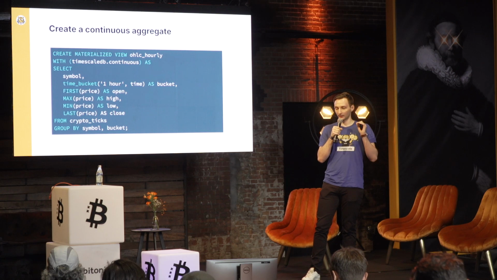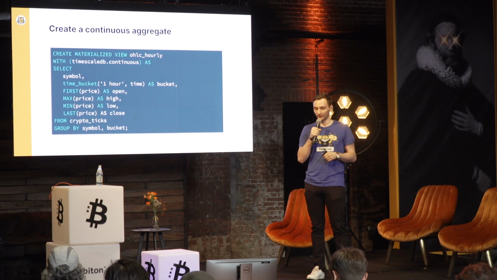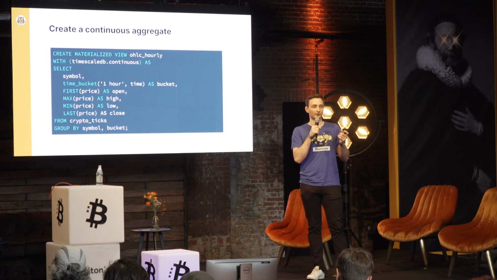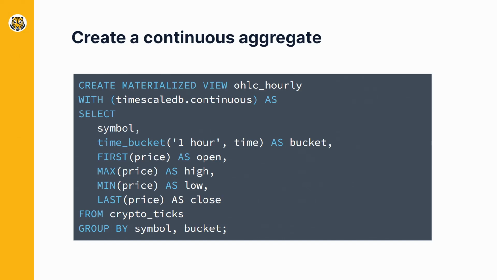And then we have max, min for the highest and lowest price, and then finally the last, which is the opposite of the first hyperfunction, which selects the last price value ordered by time. And this is a very typical setup. Many people create continuous aggregates similar to this if they are dealing with candlestick aggregates.